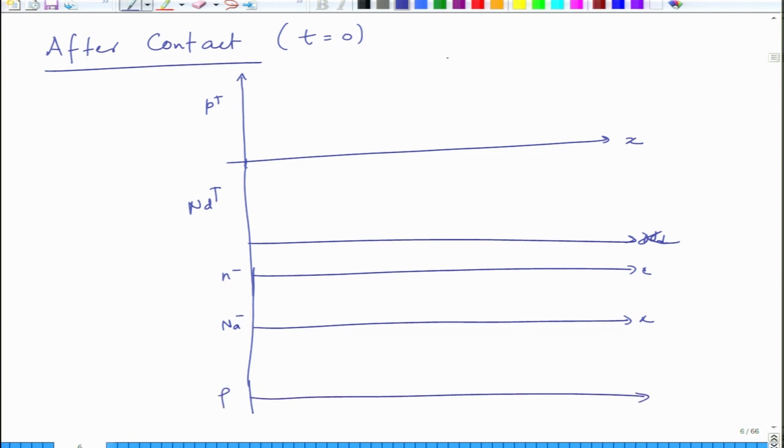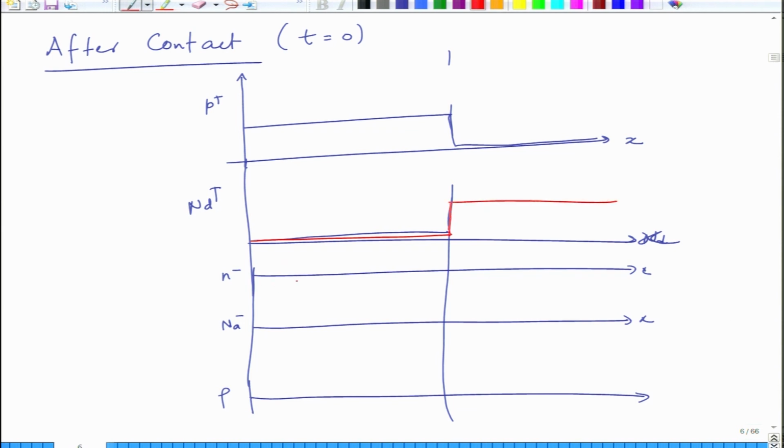Okay. So, you can see that if this is the interface, it would be something like this, right. Nd plus would be something like, if I use a different color, it would be something like this.